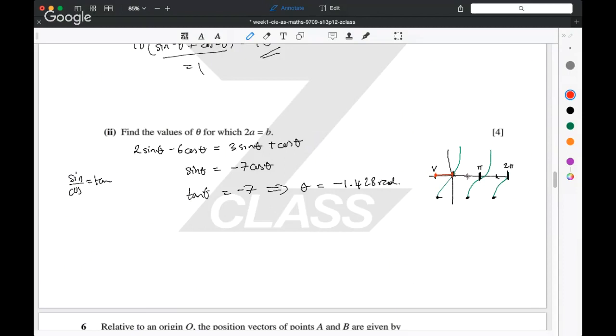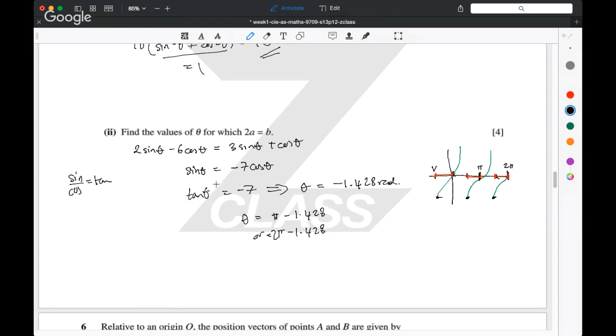And we know this one is going to be therefore 1.428 radians below pi, and this one 1.428 radians below 2 pi. So these are all the same distance. And from that you can go, theta is equal to pi minus 1.428 or 2 pi minus 1.428. And you can just put those into your calculator and write them down.